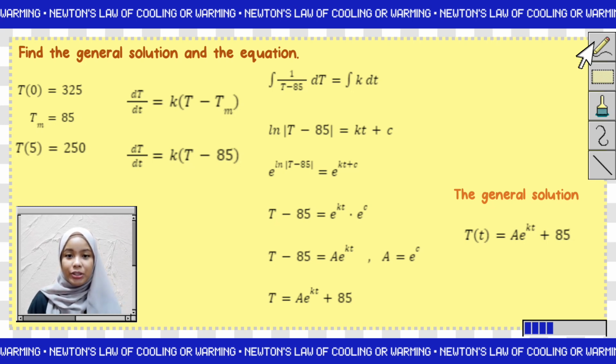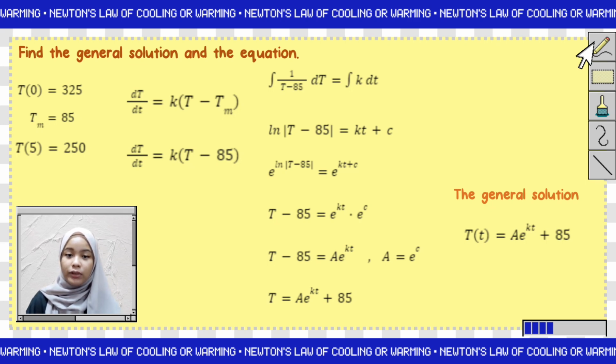Then, to get the general solution, we solve the differential equation by integrating both sides. Now we have the integral of 1/(T - 85) dT equal to the integral of k dt. Solving the integration, we get ln|T - 85| = kt + c. Then we take the exponent of both sides so we can cancel out the ln on the left side.